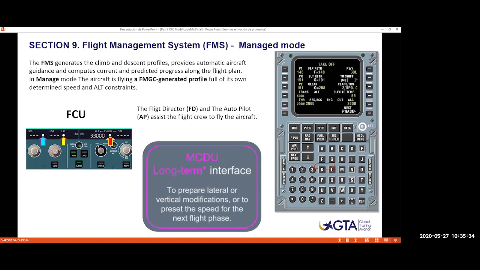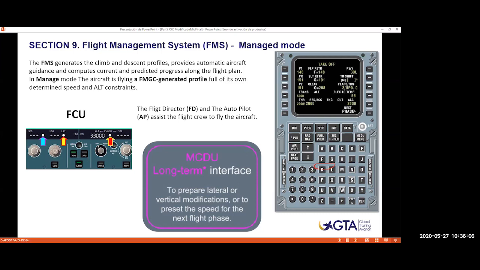So when the crew is flying what the computer already designed for me, we are talking about flying in managed mode. Managed mode is what we call long term. Long term, why? Because we prepared from the ground until the arrival what it will be.